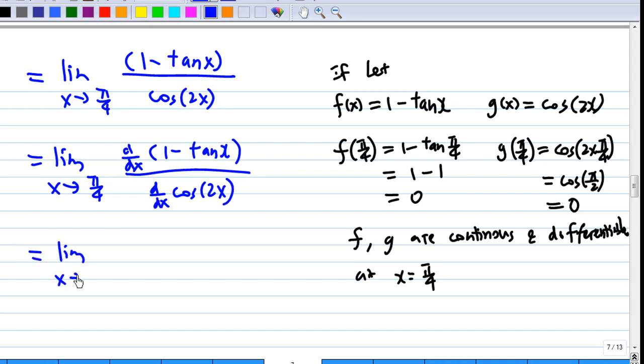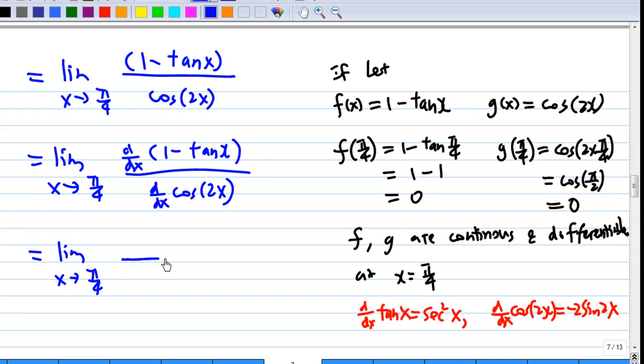And if you recall, the differentiation of tangent x is secant square x, and the differentiation of cosine 2x is equal to minus 2 sine 2x. So this will become the limit when x approaches pi over 4, with the numerator minus secant square x, and the denominator minus 2 sine 2x.